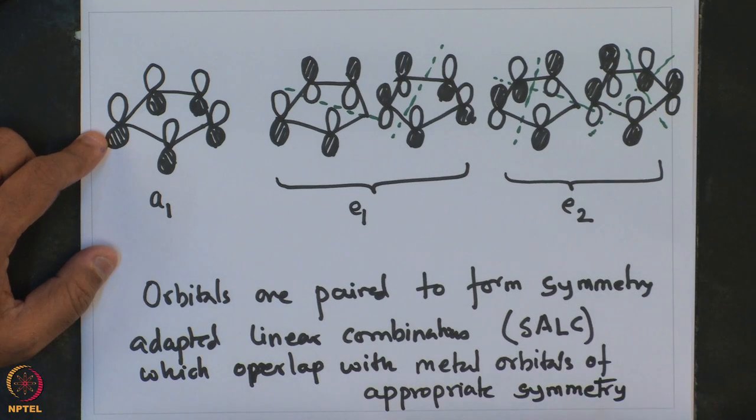So, now the bonding scenario that is presented will get even more complicated, because in ferrocenyl complexes there are two such Cp ligands, and depending on the orientation of each of the fragment orbitals, they would interact differently with the metal orbitals. And this I will illustrate with a set of orbitals.